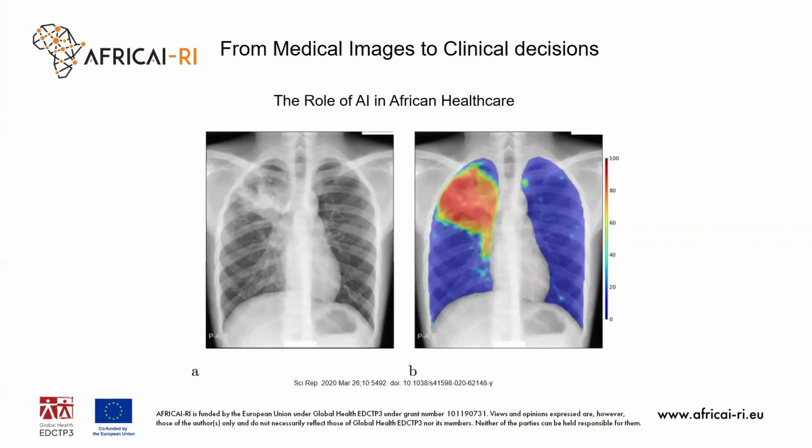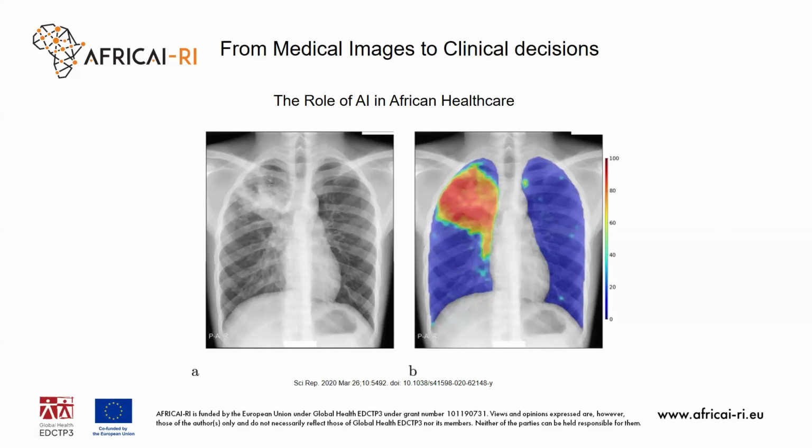As a practical example, we have this chest X-ray depicted here, where AI can help us identify an abnormal chest X-ray, know the extension of this abnormality, and identify patients who need further testing. However, the key message here is that AI should support clinicians, not replace them in the field.